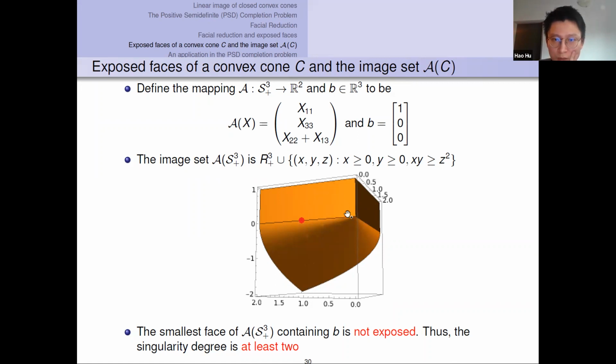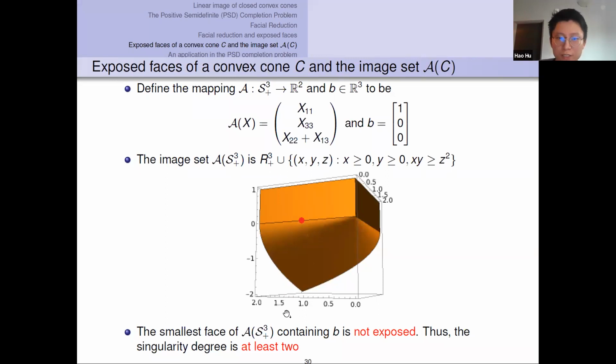So you have a non-negative orthant here, and this is handled by the second part. Now, the vector B is here, the red dot. And it is again clear from the picture that if you have to find a supporting hyperplane containing this vector B here, it will necessarily include the whole surface here. So that means the smallest face containing B is not exposed.